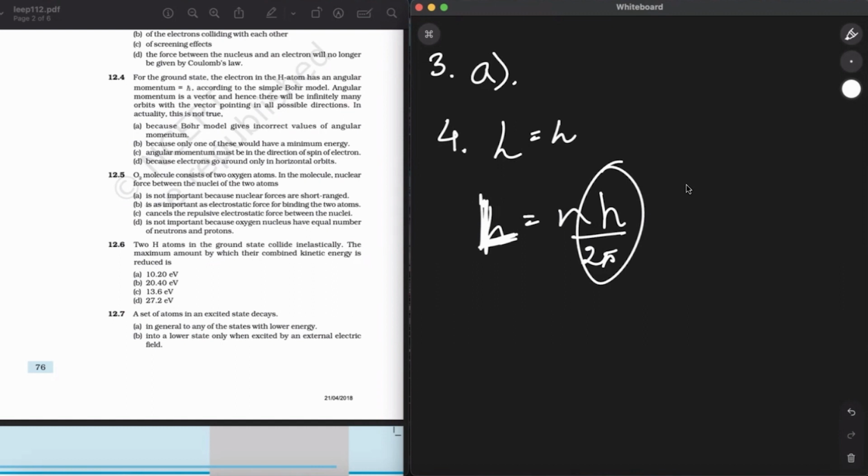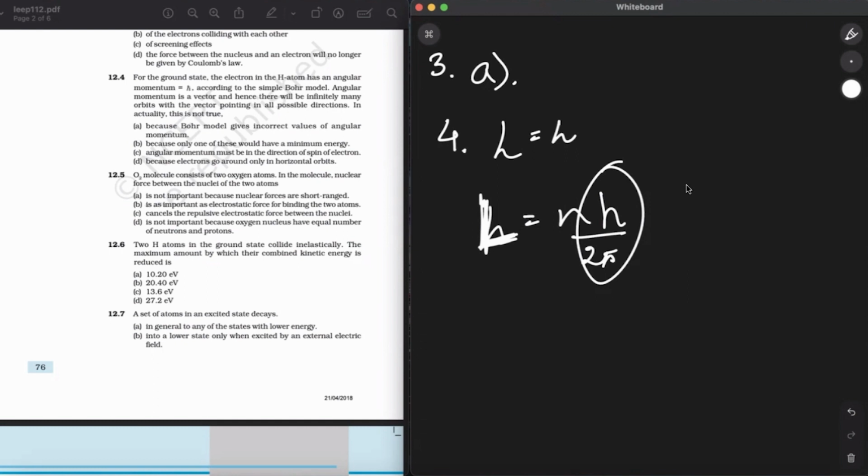Why is option B incorrect? Because only one of these would have a minimum energy. No, because in the ground state, all are in the minimum energy. As many as they can stand in the ground state, they have the same energy values. Option C: angular momentum must be in the direction of spin of the electron. No, angular momentum is not in the direction of the spin actually.